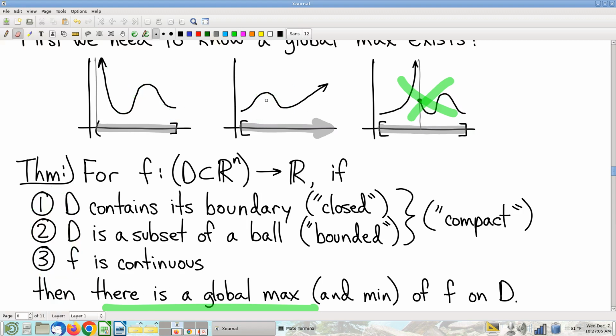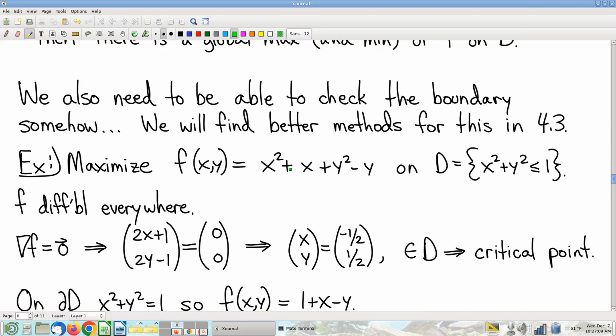All right. Now, let's see an example of this. The big problem that we're going to be dealing with in this first example is how to deal with boundary points. How would we find critical points on boundaries? We're going to actually see a better method for this in section 4.3, which we're going to get to momentarily.